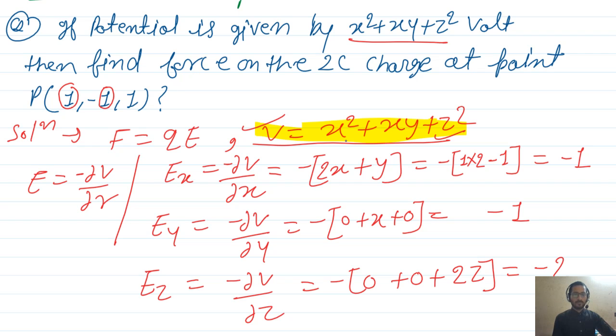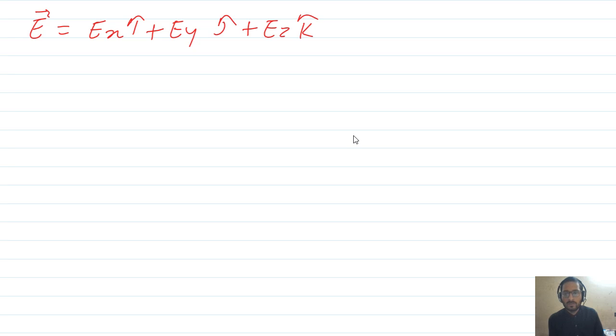Okay, we found Ex, Ey and Ez. So we can write the E vector is equal to Ex i cap plus Ey j cap plus Ez k cap. So we have Ex as -1 i cap, Ey as -1 j cap, and Ez is equal to -2 k cap.